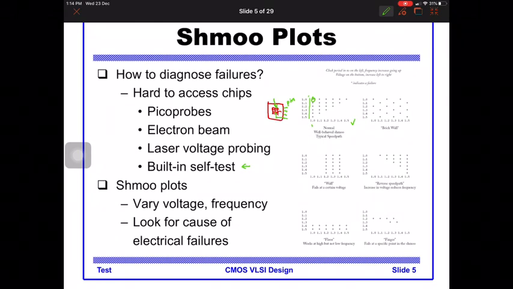In this case, at the lower voltage it is okay, and at a certain point it will have failures. It will only fail at a certain voltage. If you put in a voltage between 1.2 and 1.4, the chip will fail. And there are different kinds of tests to do that.